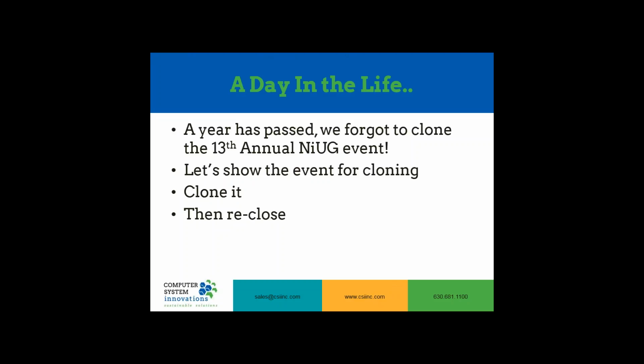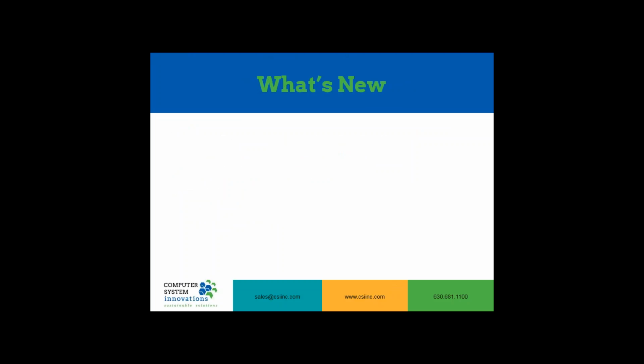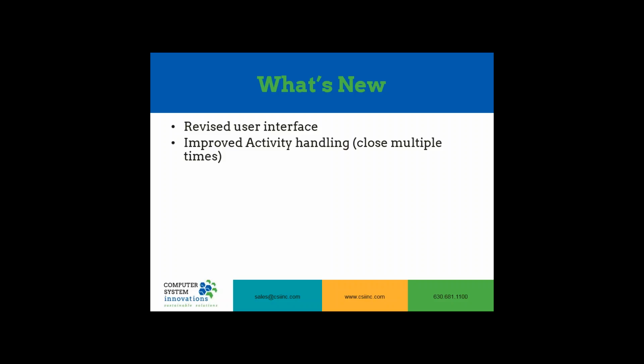All right. So what's new? What have we added? Well, you might have noticed we've added a revised user interface. That ability to create activities, new activities over and over again, that's new as well. Before, meeting closer only created activities the first time you closed it.